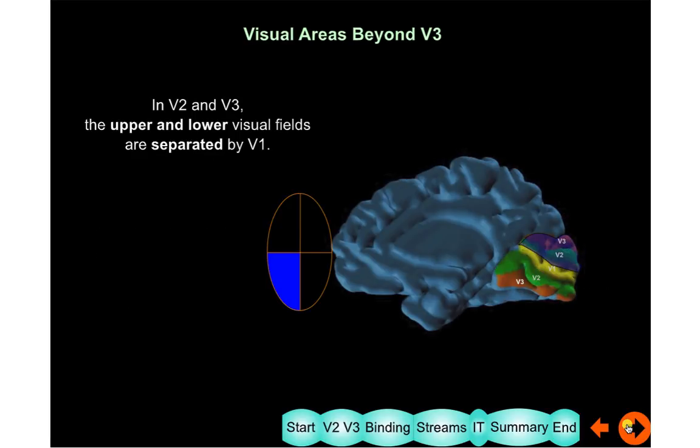So this process is complex, and it's complicated by the fact, for example, that in V1 we have objects, but then the bottom and top of the objects get separated into different areas in V2, the top, the bottom in here, the top here.